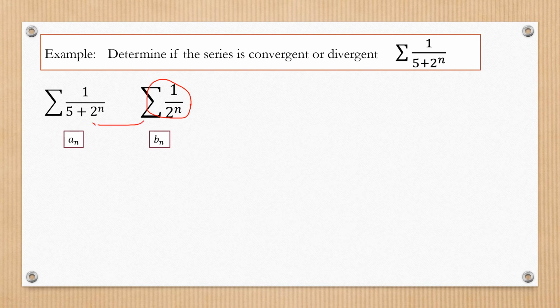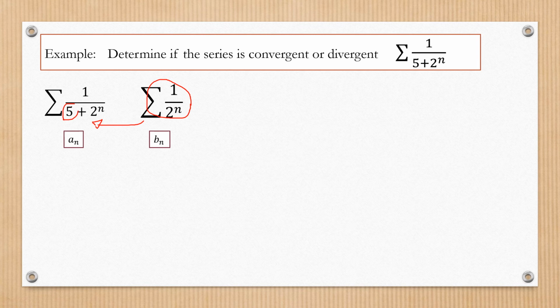Now, in the given limit comparison test, there's no condition whether An or Bn is greater than or equal to the other series. We do not have conditions that An should be greater than Bn or Bn should be greater than An.